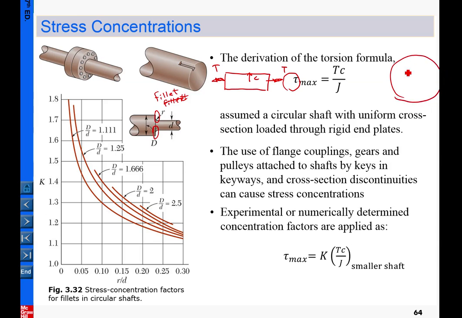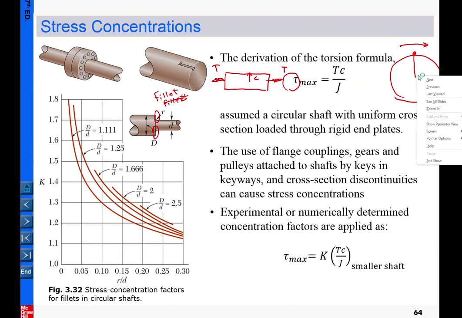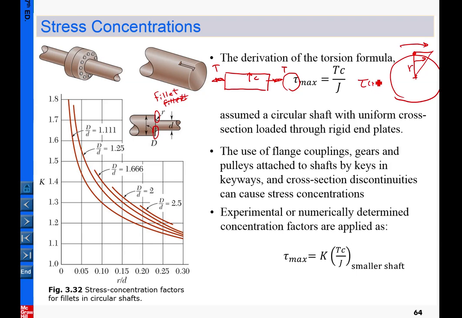That's a circular shaft under torsion, and this is the center here. We know the distribution of the stress at radius r: tau as a function of r equals Tr over J. The maximum occurs at the outer surface, when r equals the radius C. That is the formula we use.